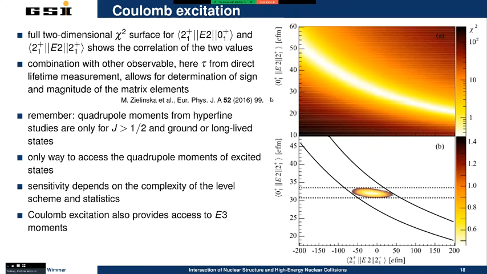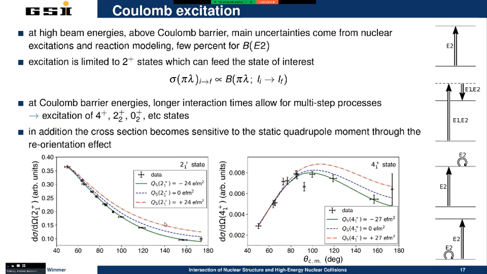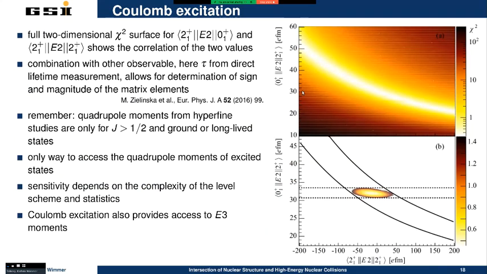If you don't observe the cross section differentially, but just measure it, not as a function of scattering angle, then the cross section will depend on both of these, and on top is plotted the chi-square as a function of these two parameters.